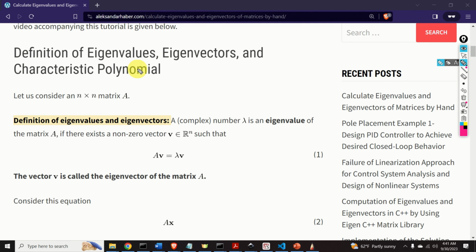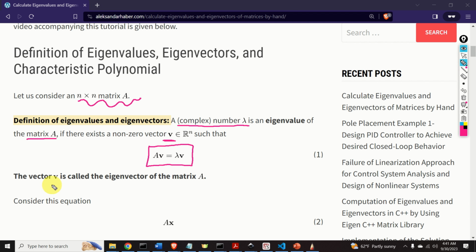Okay, let's start. We start with the definition of eigenvalues, eigenvectors, and characteristic polynomial. Let us assume that we are given an n by n matrix A. Then, a complex number lambda is an eigenvalue of the matrix A if there exists a non-zero vector v such that this equation is satisfied.